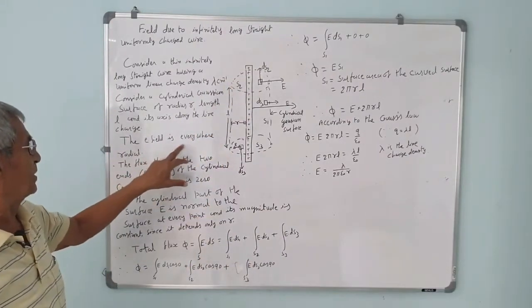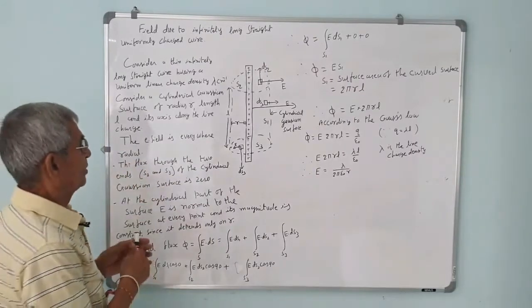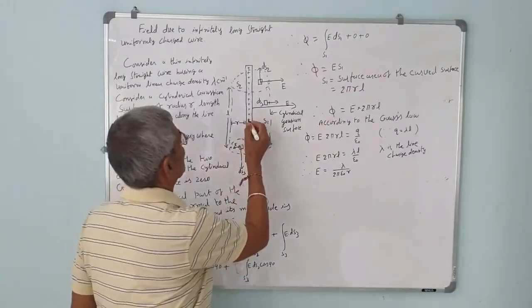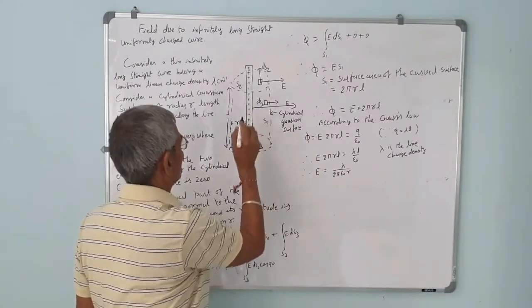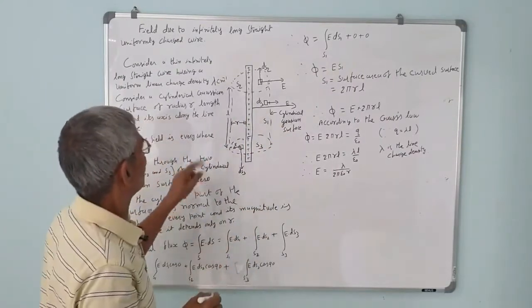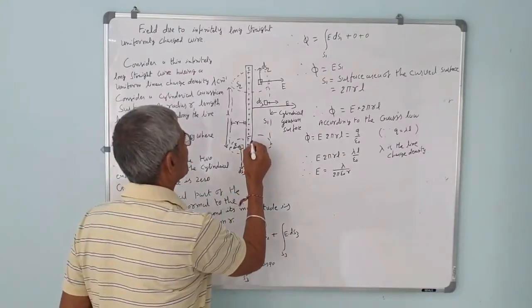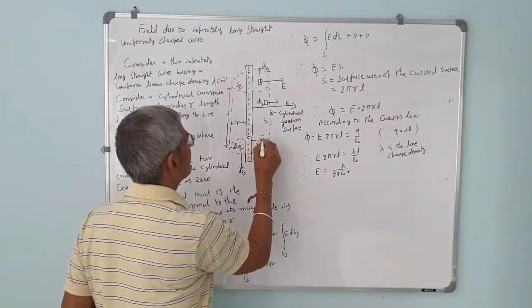The field E is everywhere radial. For a positive charge it is outward; if it is a negative charge, it will be radially inward, but always at right angle to the surface. This is the direction of E. You can take it here also, this is the direction of E.